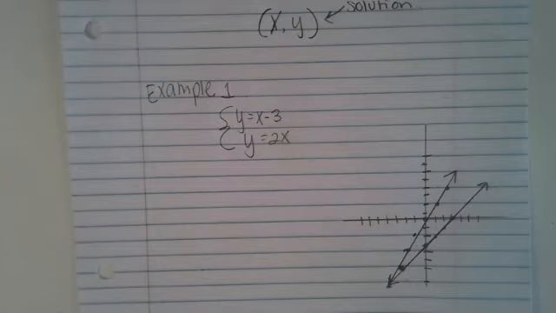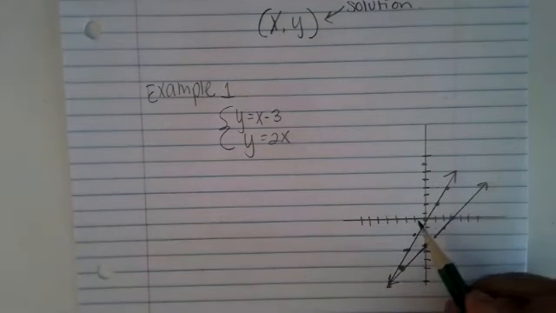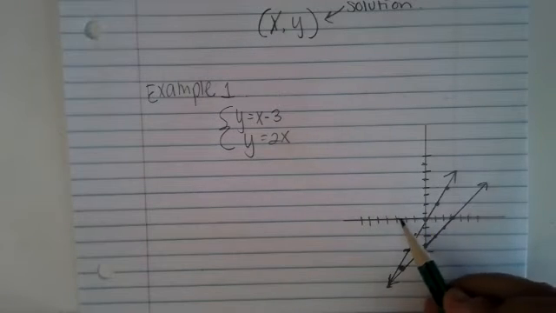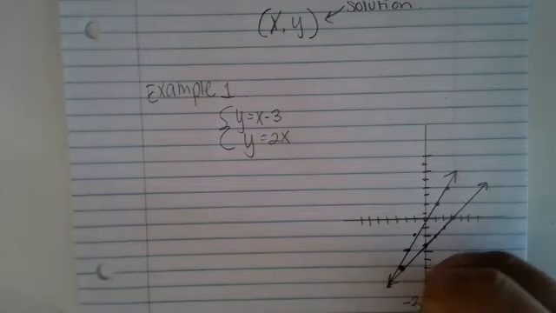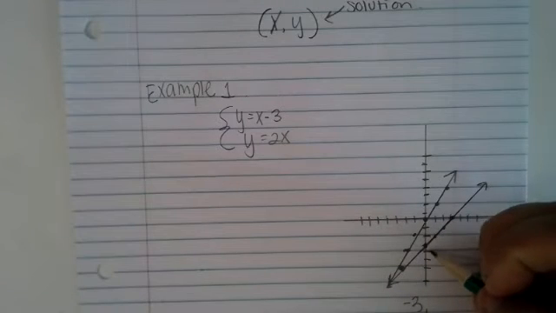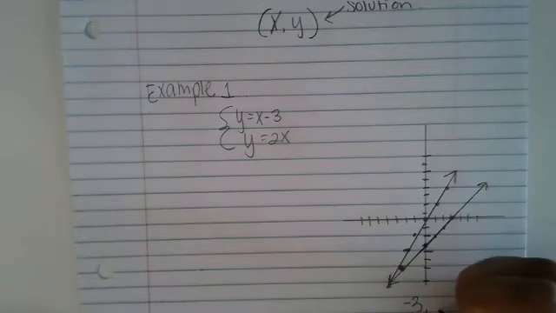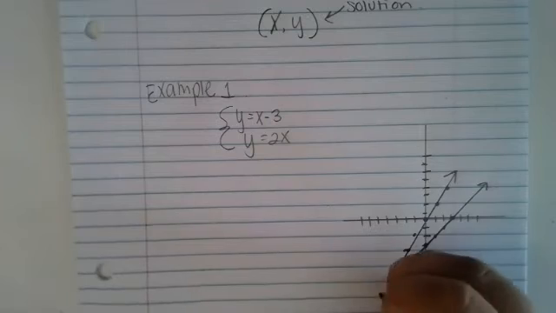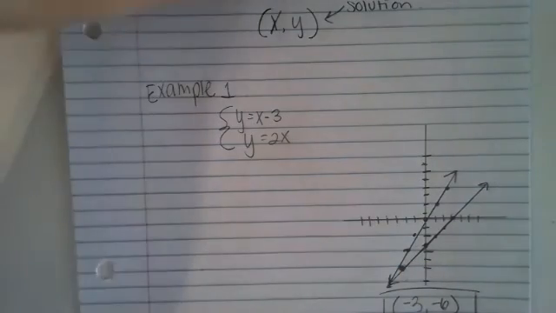Again, this is why we're not graphing on binder paper, y'all. This is a great lesson in why you need to use graph paper. So this appears to be 1, 2, 3, like -3, and then 1, 2, 3, 4, 5, 6, -6. I believe -3, -6 is the solution here.